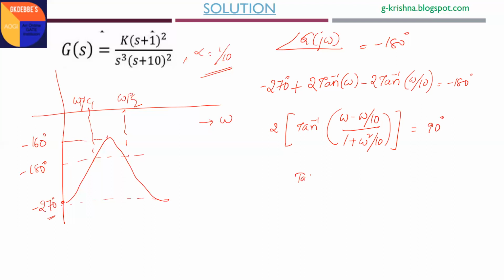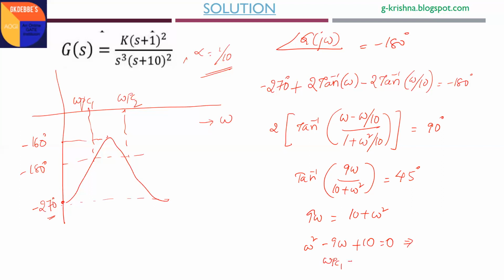Then the tan inverse of the numerator part will be 9 omega, the denominator part will be 10 plus omega square, equal to 90 by 2, which is 45 degrees, and tan 45 is 1. Hence 9 omega equals 10 plus omega square. Omega square minus 9 omega plus 10 equals 0. From here, if we solve it, we get 2 phase crossover frequencies.